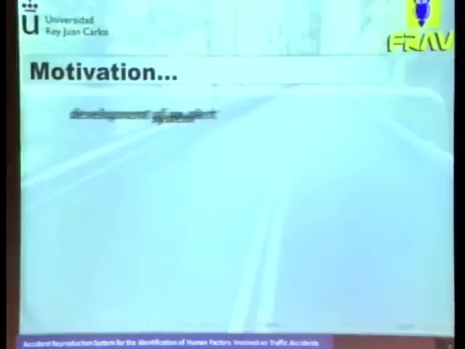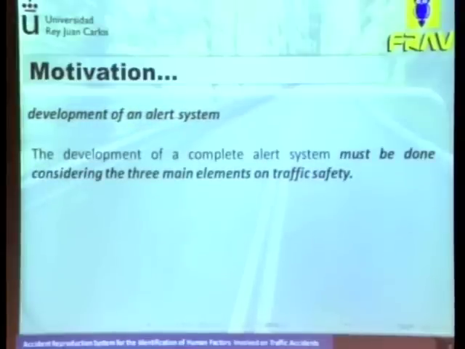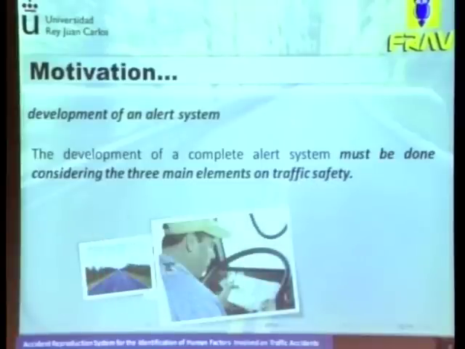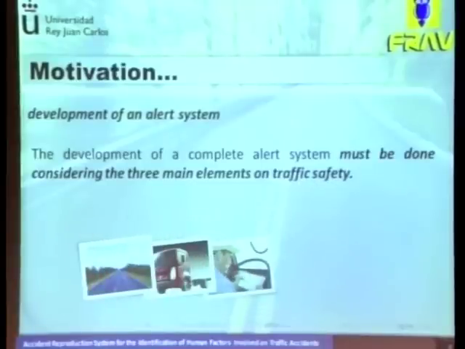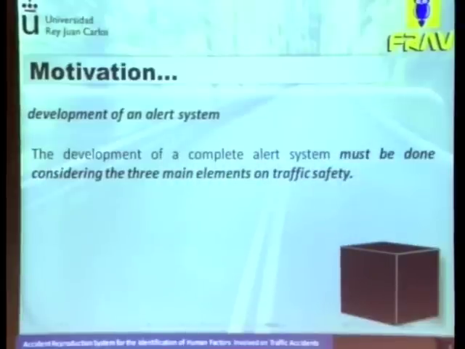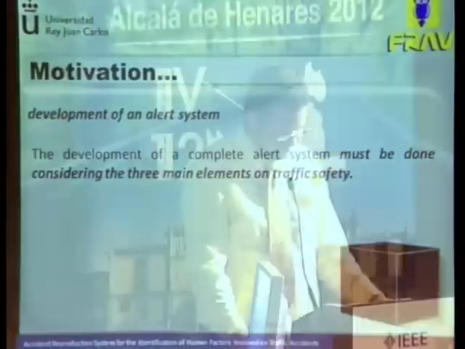Hence, the development of a complete alert system must consider these three elements on traffic safety. That is, if we want to predict the driving risk, classifying the driver behavior, we need to make a risk model considering these three elements.